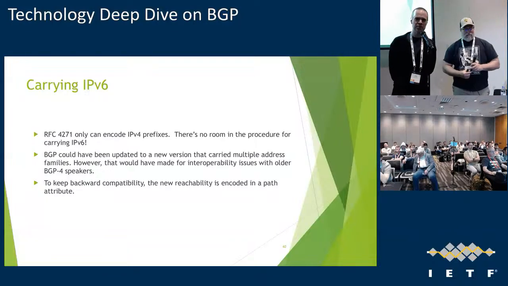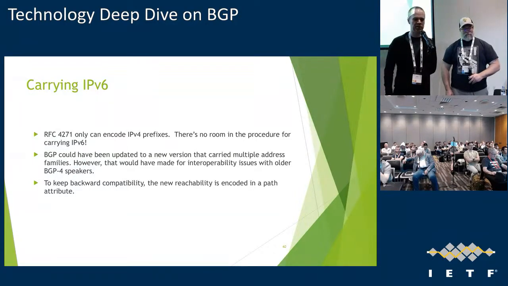Okay, well, IPv6 was obviously sort of the first big test of BGP's extensibility. If BGP hadn't been extensible enough to carry V6, we'd have BGP 5 now or something else, but it turned out that it was extensible enough.